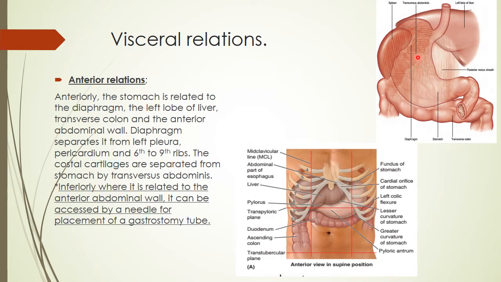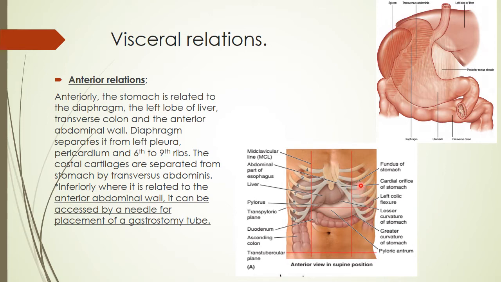In this diagram we can see the areas of stomach related to liver, transversus abdominis muscle, diaphragm, and transverse colon. The diaphragm separates the stomach from the left pleura, pericardium, left lung, and the 6th to 9th ribs, as the stomach lies under the cover of this costal margin.